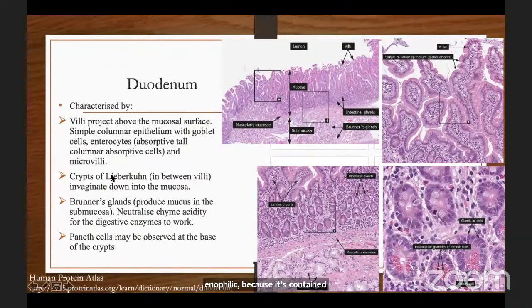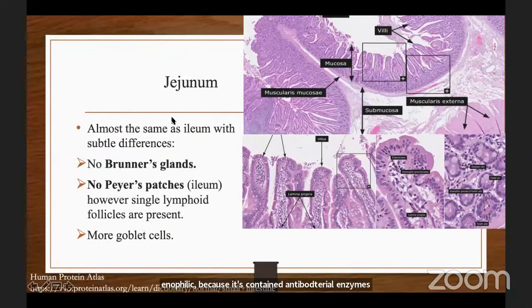If we move to the next part, the jejunum, this is the bulk area of the small intestine. So if you have any biopsies from the small intestine, probably, but not always, it will be jejunum. The jejunum also has this villi structure, and it has the crypt at the bottom here.